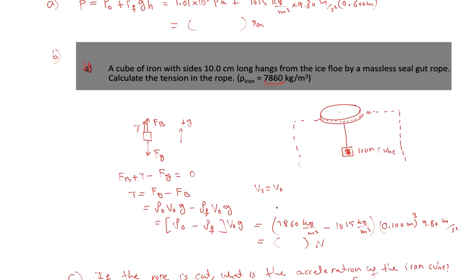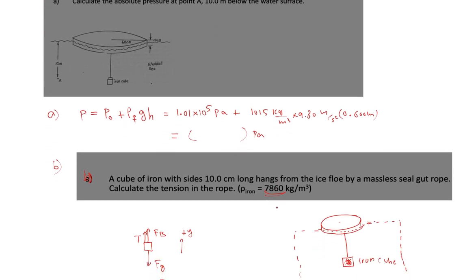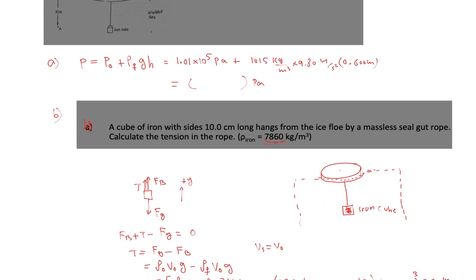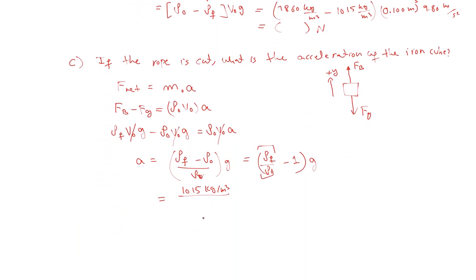So density of the fluid is 1015 kilogram, and the density of the object is 7860 kilogram per meter cubed, minus 1, times 9.80 meter per second squared.